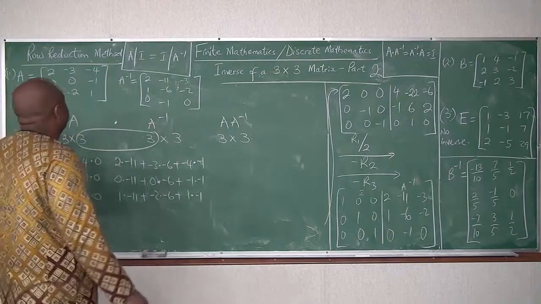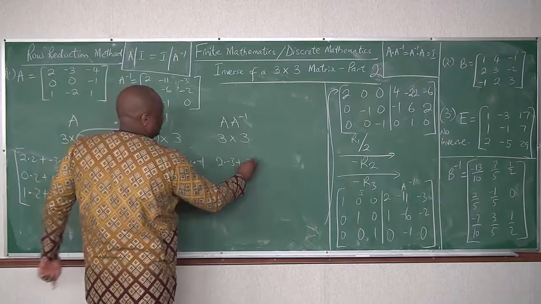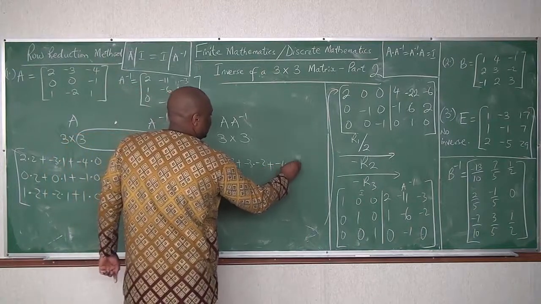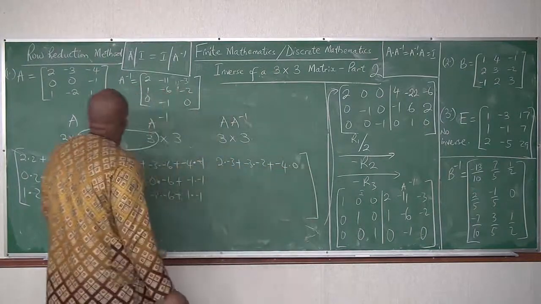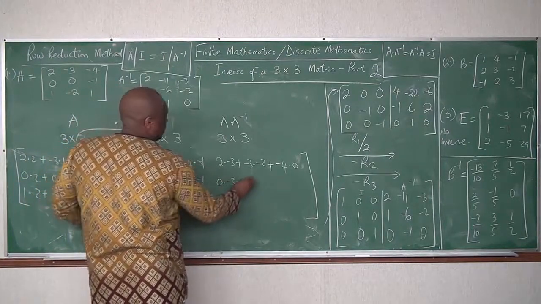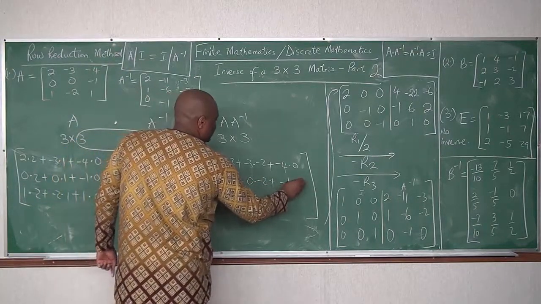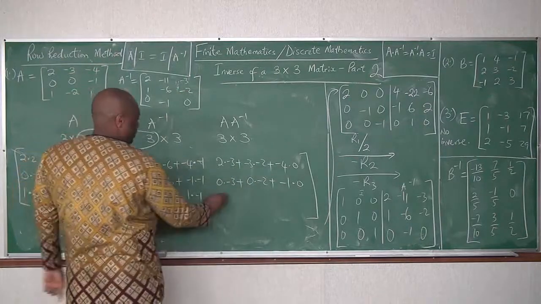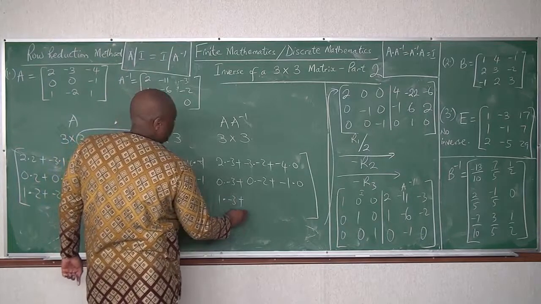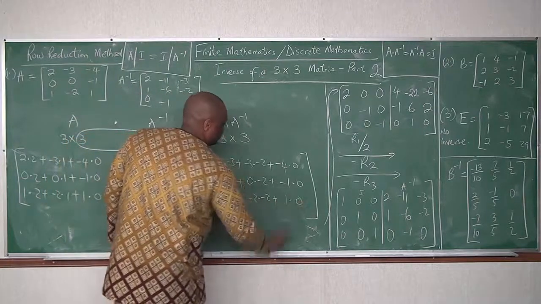The third column: 2 times negative 3 plus negative 3 times negative 2 plus negative 4 times 0, 0 times negative 3 plus 0 times negative 2 plus negative 1 times 0, then 1 times negative 3 plus negative 2 times negative 2 plus 1 times 0.